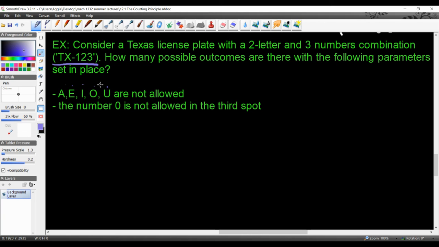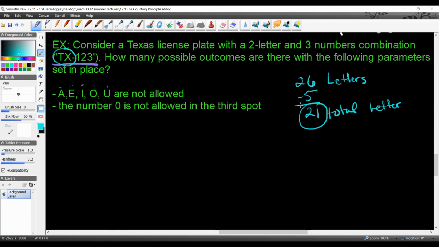So let's take a look at our options. For the letters, we know that there are 26 letters in our alphabet, but we can't use A, E, I, O, or U, which is 1, 2, 3, 4, 5. We can't use 5 of them, so we're going to have to subtract, which gives us 21 total choices for the letters.